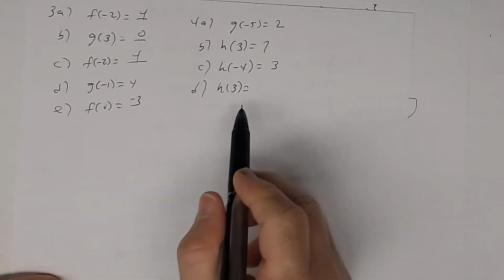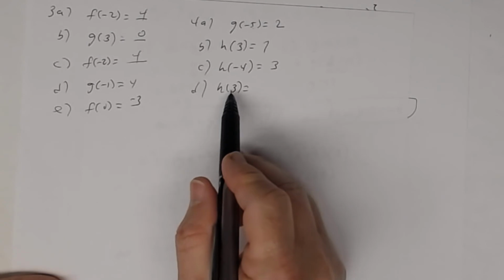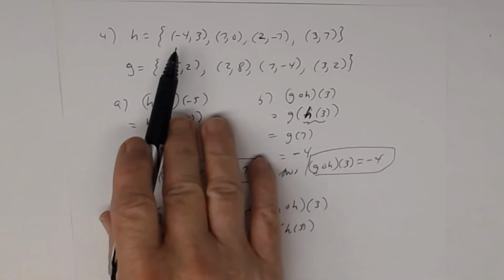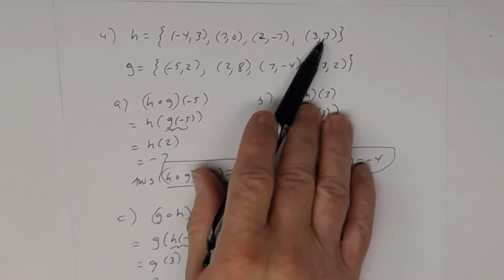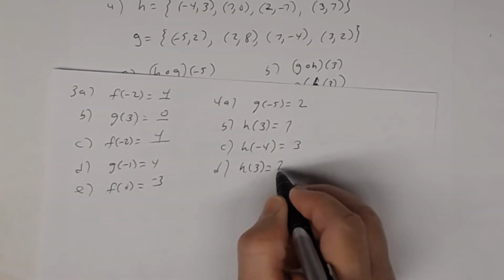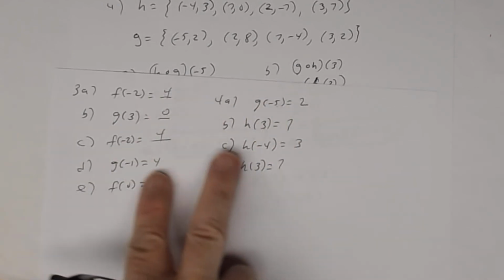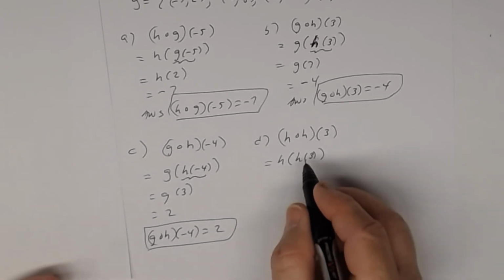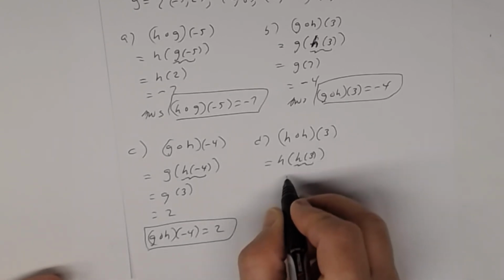Well, by definition, this means what is the y value when x is 3? Well, when x is 3, which is here, my y value is 7. So h of 3, in your mind, is 7, but this is what you're going to write down on paper.